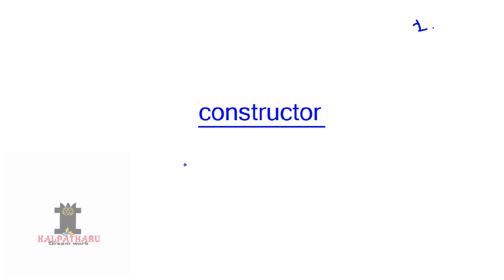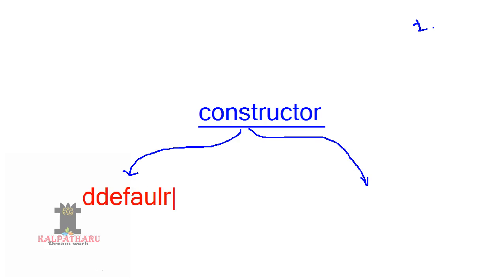In types of constructor, there are two types. See, the first one is the default constructor.